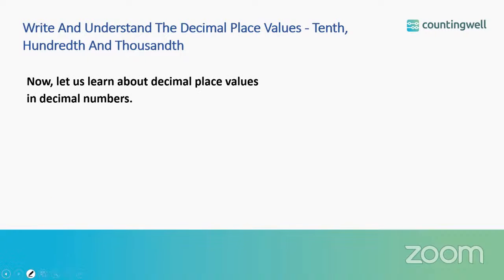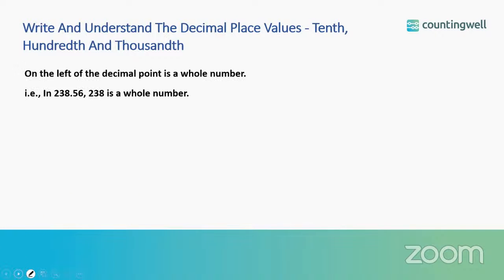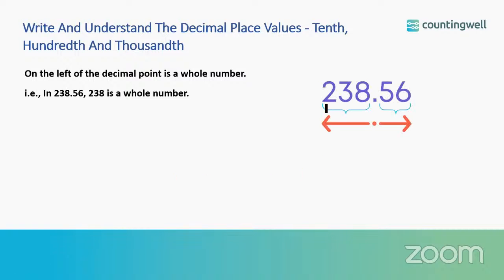Let us see for a decimal number, 238.56. Here you can see again 8 is in the ones place, 3 in the tens place and 2 is in the hundreds place. If you see to the right side of the decimal point, we have the tenths place and the hundredths place. So on the left of the decimal point is a whole number.